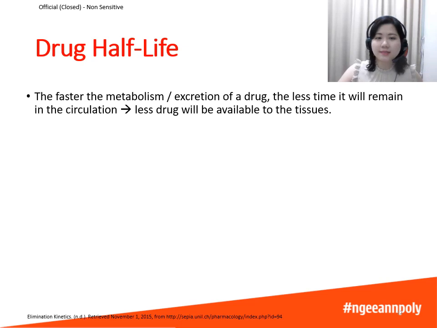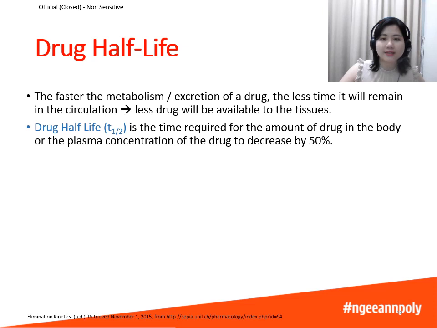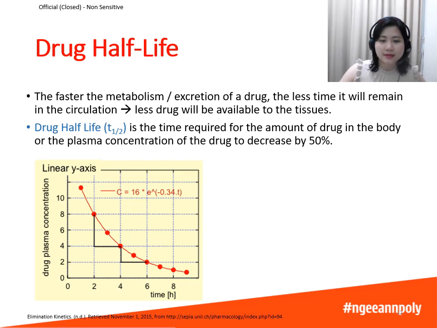The faster the metabolism or excretion of a drug, the less time it will remain in the circulation, and therefore less drug will be available to the tissues. The half-life is the time required for the amount of drug in the blood to decrease by 50%. Take a look at this example.